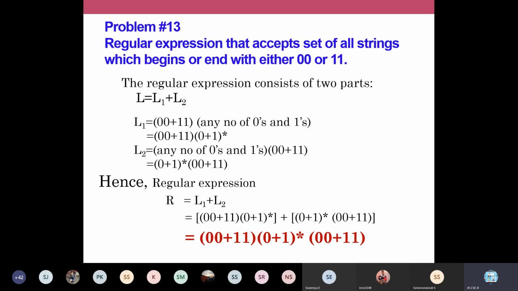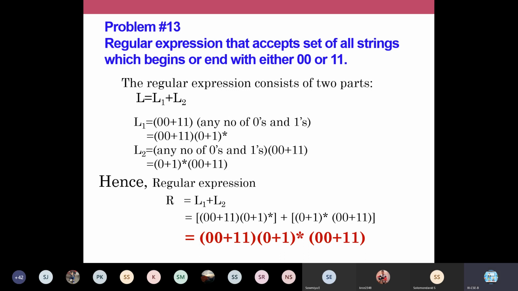Okay, so now let's define what is this L1 and L2. You just go through this and find out whether you can understand. So L1 denotes set of all strings beginning with 00 or 11. So your beginning must be 00 or 11, and for that we can write 00 + 11.